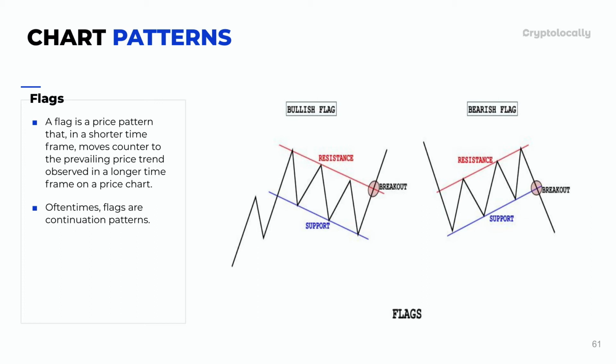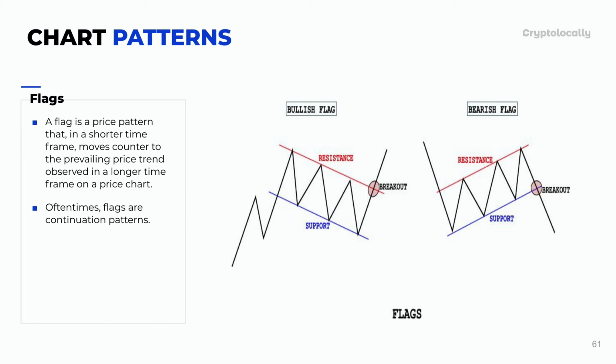For example, in an uptrend, price has been moving up, and then you see a bullish flag. A bullish flag looks like this. It's just like a down channel. So when you see a down channel in a bullish setup, bullish means uptrend, it means the price will most likely continue to go higher after a breakout.